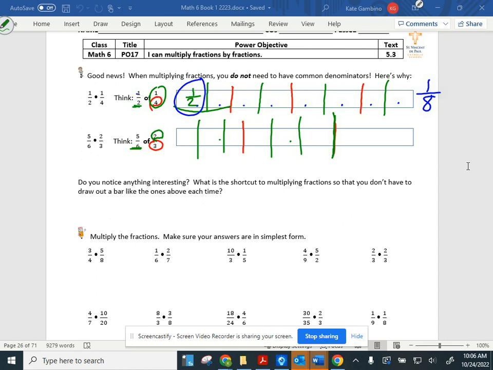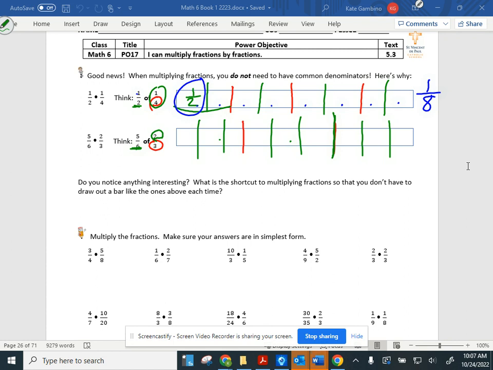Because we had 2/3, so I broke my big bar into thirds, and I want 2 of them, because it's 2/3. Then I'm going to break those 2/3 up into 6 pieces. Then I'm going to look and I'm going to say there was 1, 2, 3 boxes that were in 1/3. So in this last section, I need to make them 3 boxes.